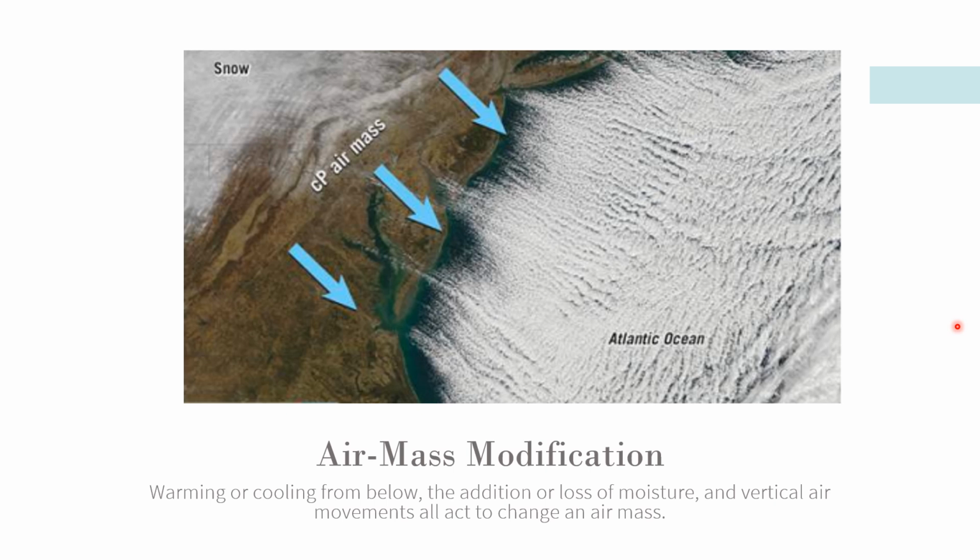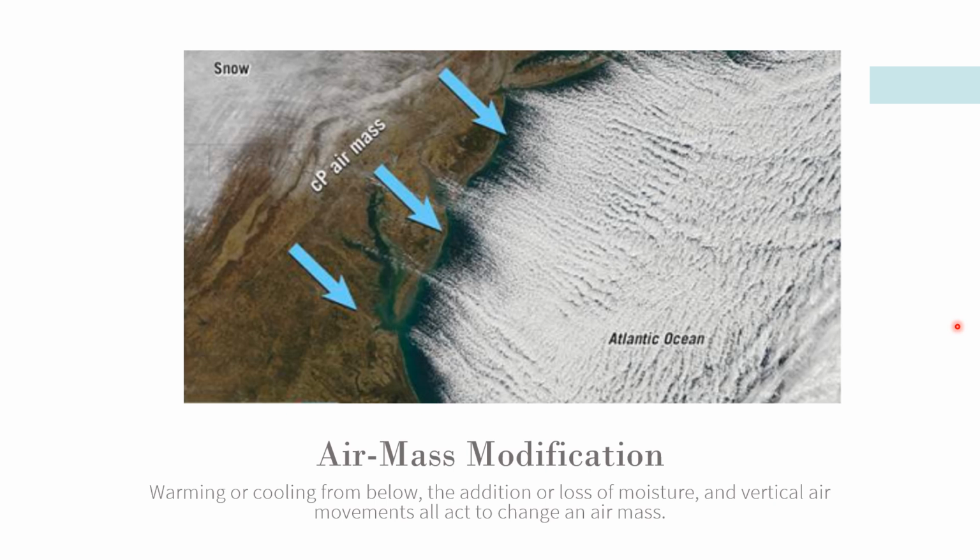So these air masses are generally identified with the regions over which they developed, as I've mentioned, and two examples are the continental polar and the maritime tropical air masses. So here in this photograph is the continental polar air mass.